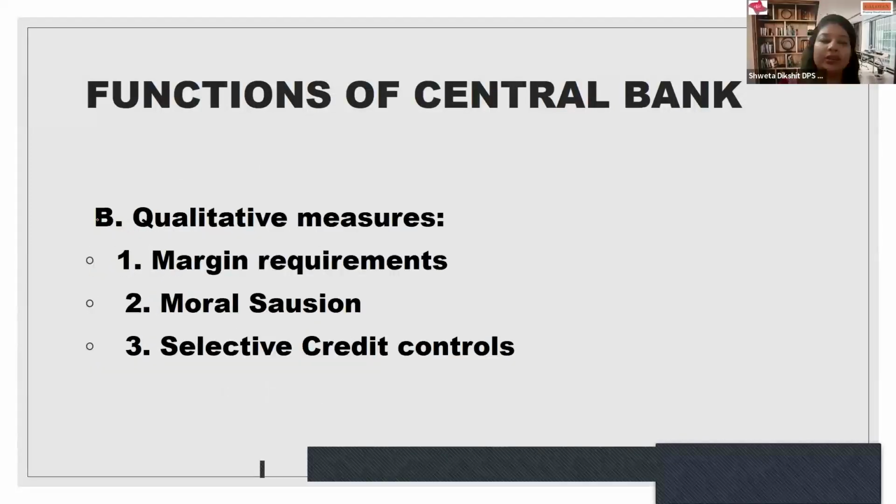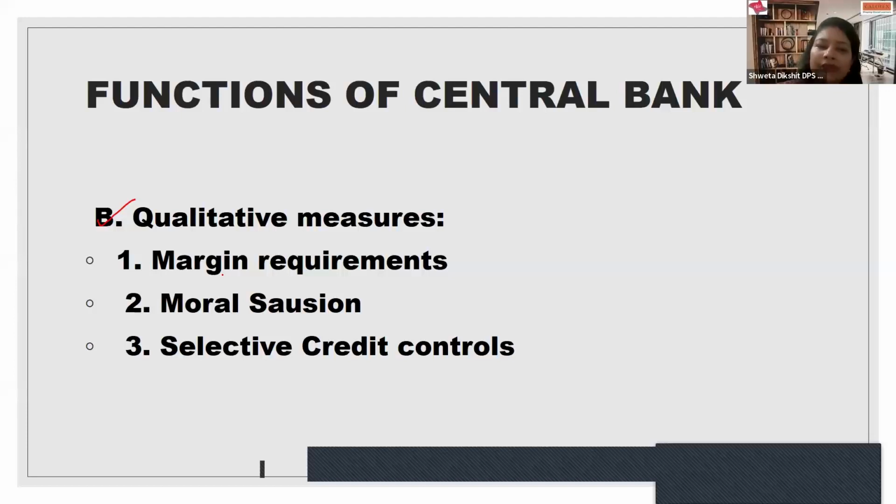Then comes the qualitative measure. The qualitative measure comprises margin requirements, which is all about the collateral. There is some limitation fixed by the RBI, that this is the margin and you cannot give more than this much loan on the collateral. Suppose there's a property of 1 crore, and somebody needs 80 lakh rupees, but the RBI has fixed the margin requirement at 40%.